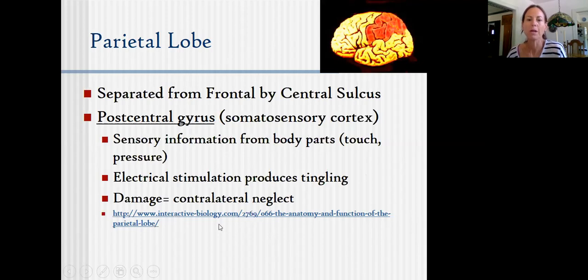Damage will produce a weird thing called contralateral neglect. If you have damage in the left somatosensory cortex, you might not even recognize your right leg. It may be able to move, but you don't even try to move it. In fact, if you drew a picture of your body, you would probably draw only half of it.